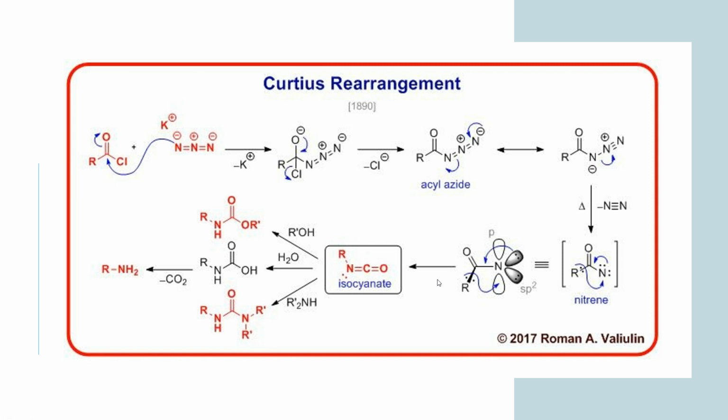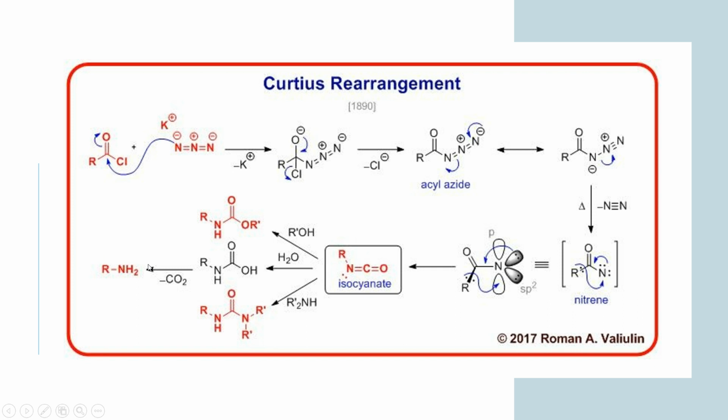And like I said, in these rearrangement reactions, the isocyanate may react with alcohol or water or amine in the subsequent steps, and you get various different important products as the final product. And also, these products may undergo decarboxylation to give you finally amine as the main product.